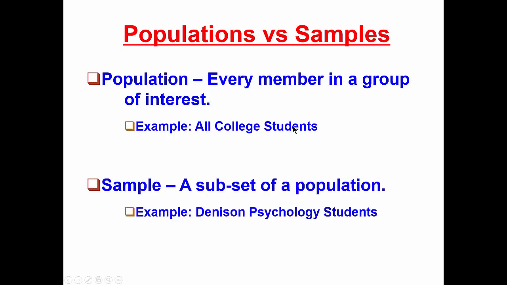But for practical reasons, we're reduced to taking just a sample, a subset of that population. And that might be, as one example, the psychology students at a particular university. Maybe it's Denison University. So this would be a sample, and we might investigate this sample, but we're really interested in drawing some inferences or conclusions about this population.